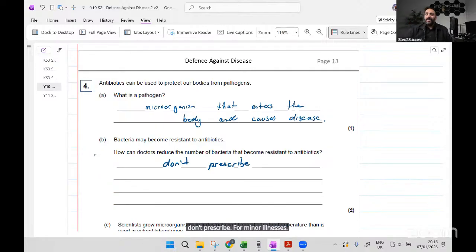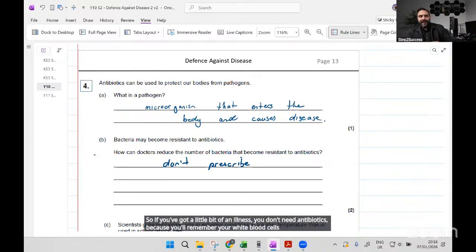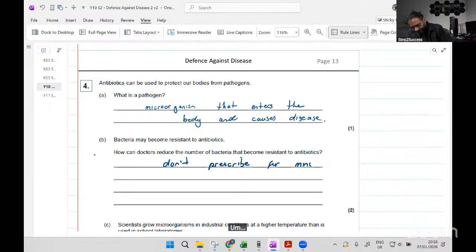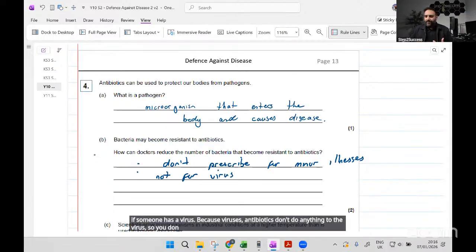If you've got a little bit of an illness, you don't need antibiotics because your white blood cells will still fight it to get rid of it. You don't need a medicine. Also, you definitely don't want to give them if someone has a virus, because antibiotics don't do anything to a virus. So you don't want to just give them unnecessarily. That's what you're trying to do.